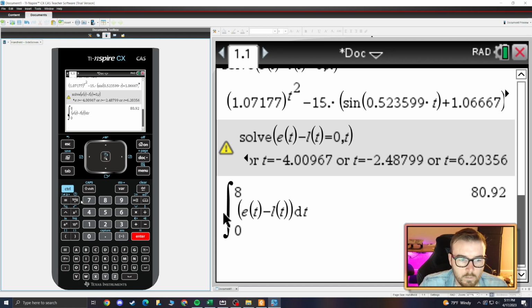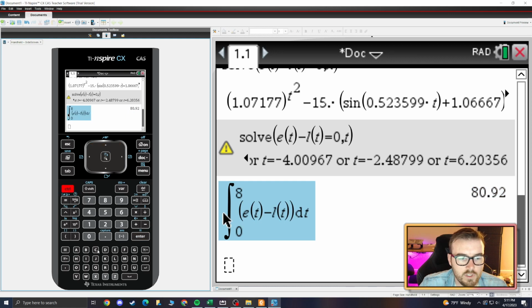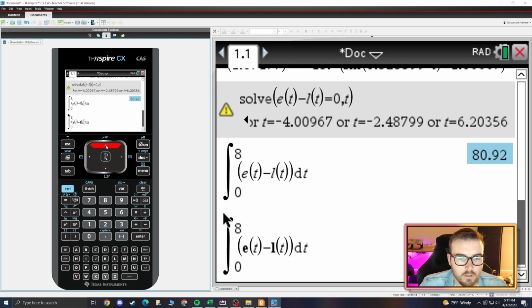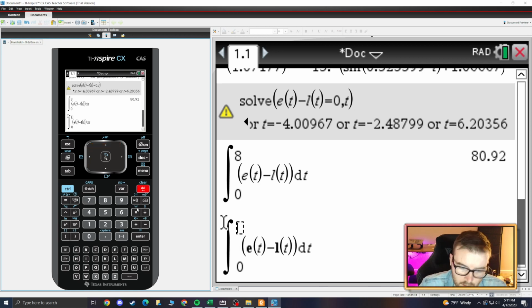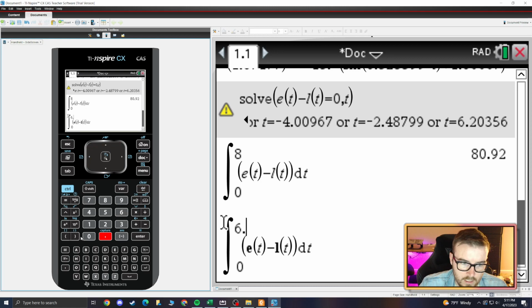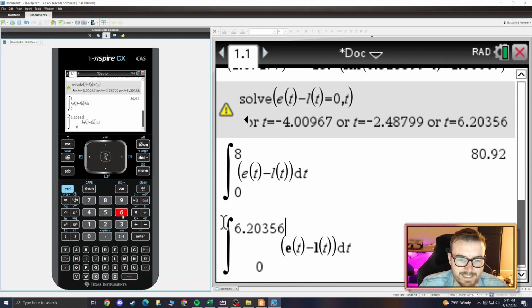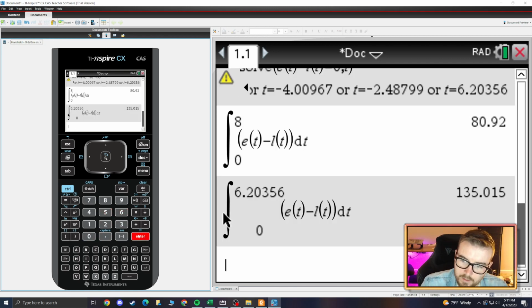And then I'm going to just copy this, Control C, and change the number to the other point, which was 6.20356. And I got 135.015. So there's the answer. It is a maximum at t equals that.